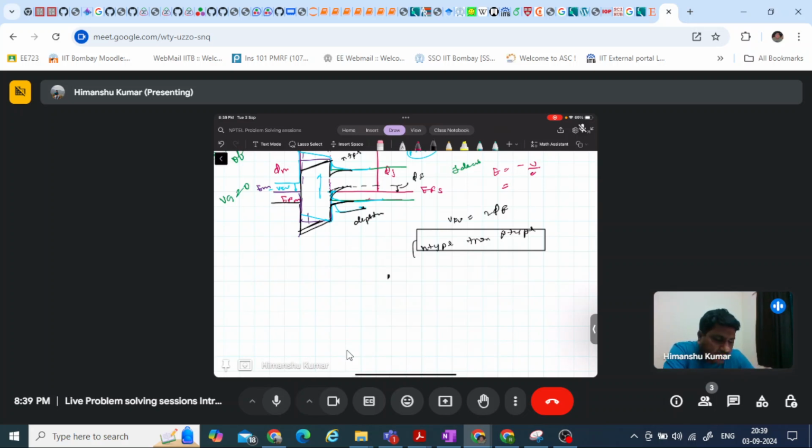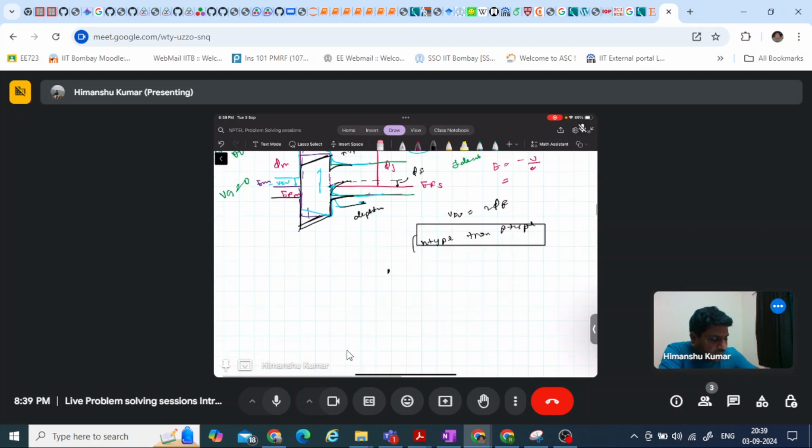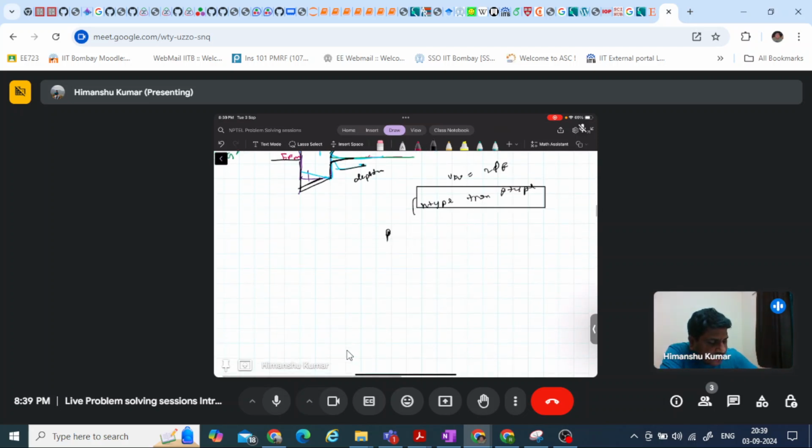The substrate has a large number of holes, but the electrons are Ni square by Na. Let's say Ni is 10 power 10 per centimeter cube and Na is 10 power 16, then the electron concentration is 10 power 4 per centimeter cube.